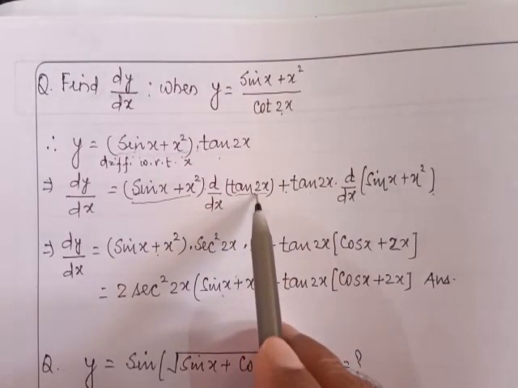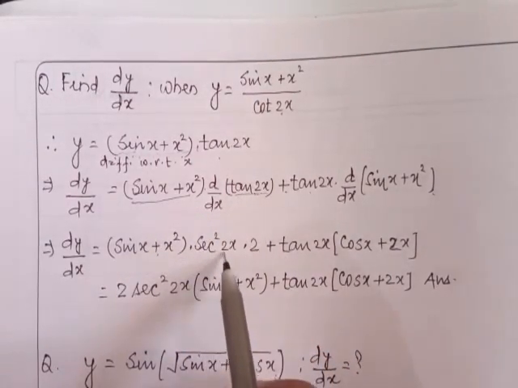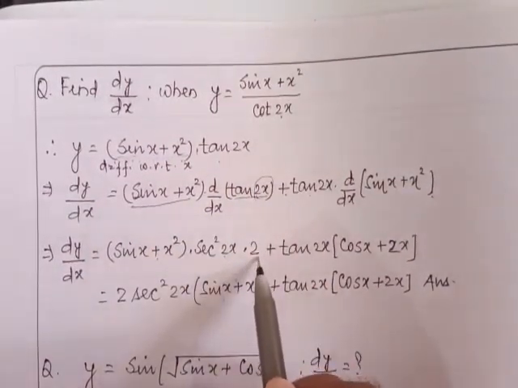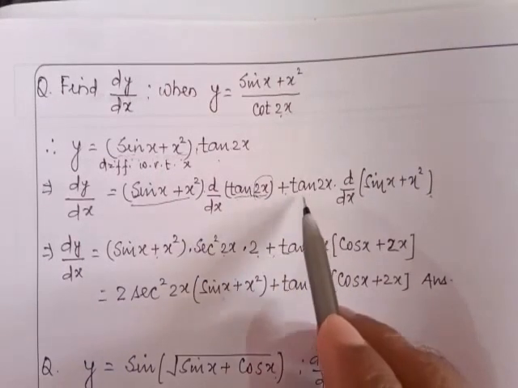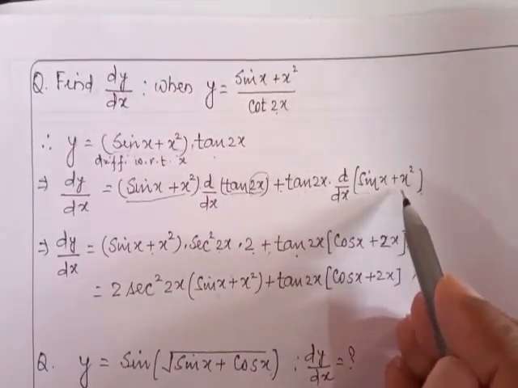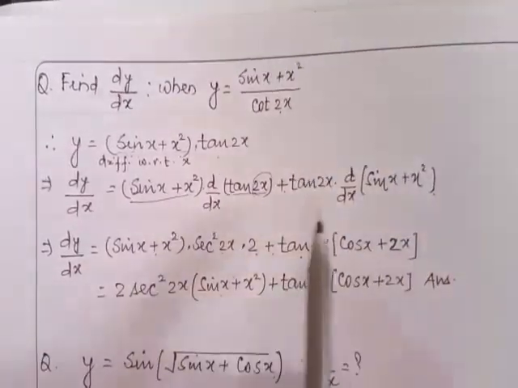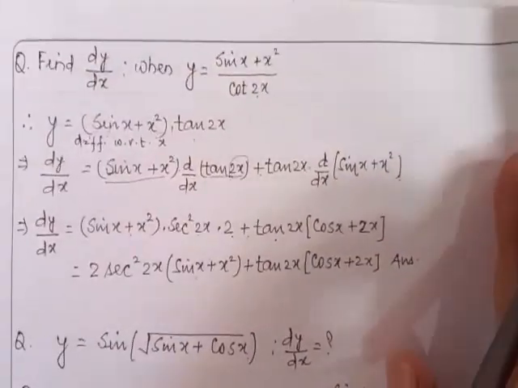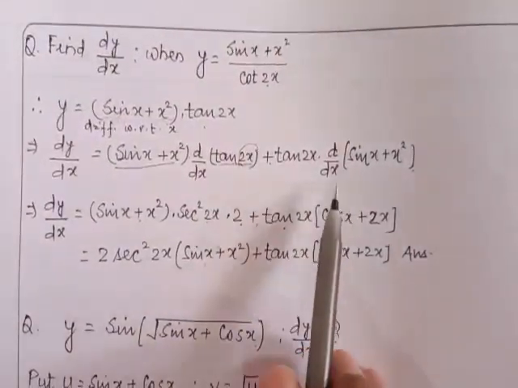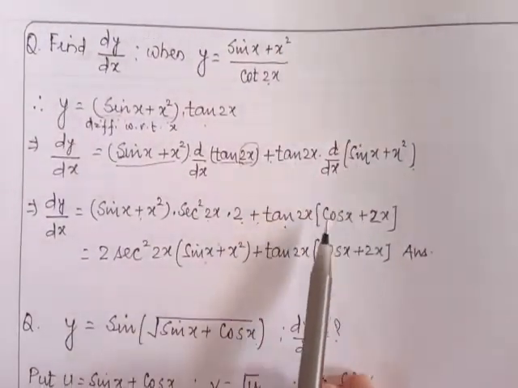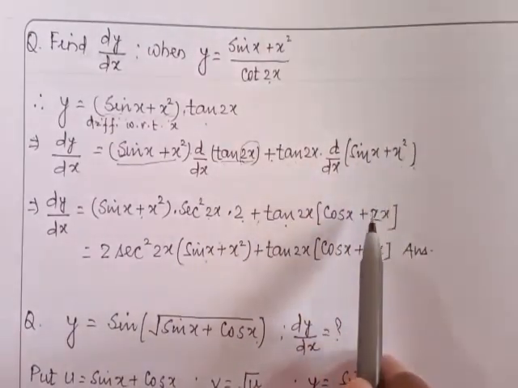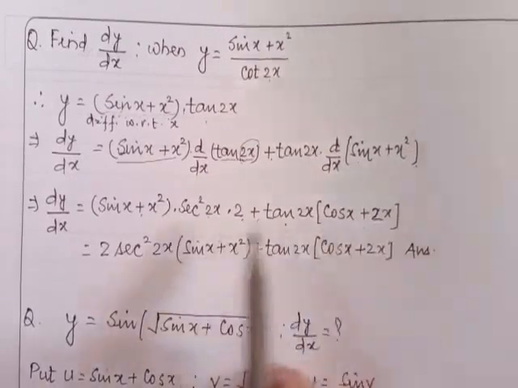So differentiation of tan 2x is sec square 2x into differentiation of 2x, which is 2, plus tan 2x. Now differentiate them. This is a sum of two terms, so differentiate them separately. Differentiation of sin x is cos x, plus differentiation of x square, which is 2x.